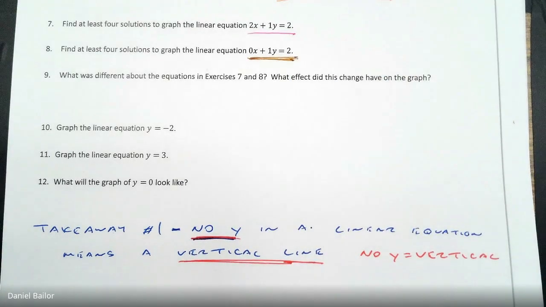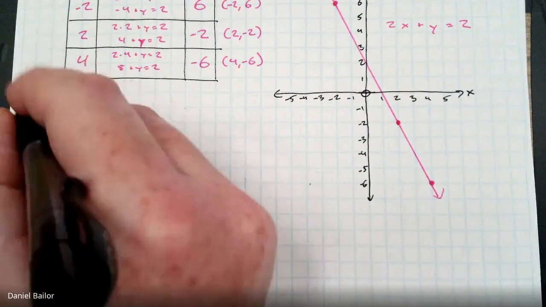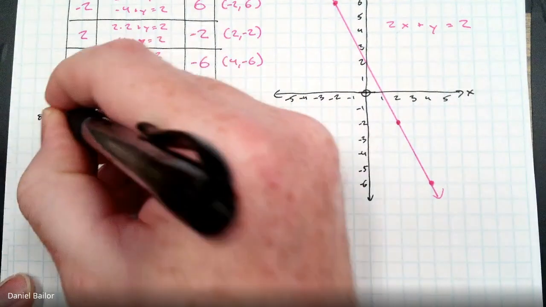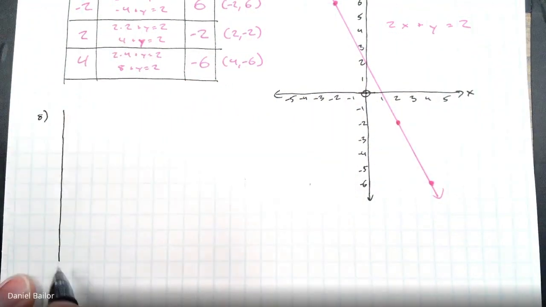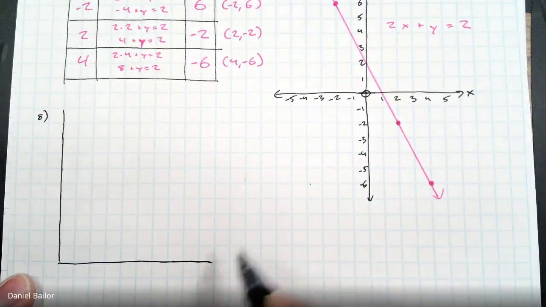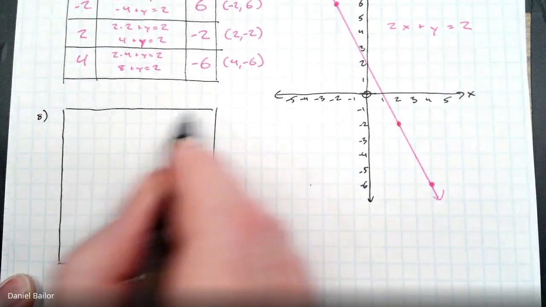So now we have a different equation. Just to save some room, I'll do number 8 on the same graph I did for number 7. So let's build a new table underneath this one. Let's put a new table for number 8, and let's hope I built it correctly.